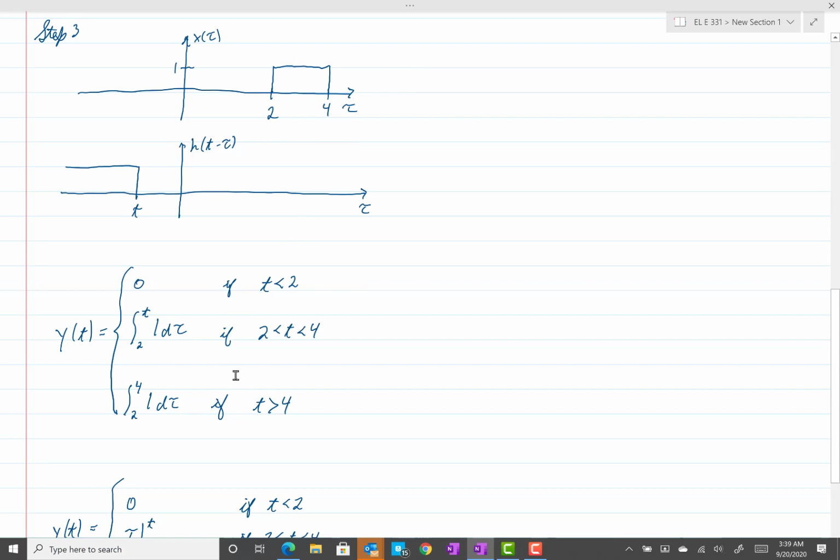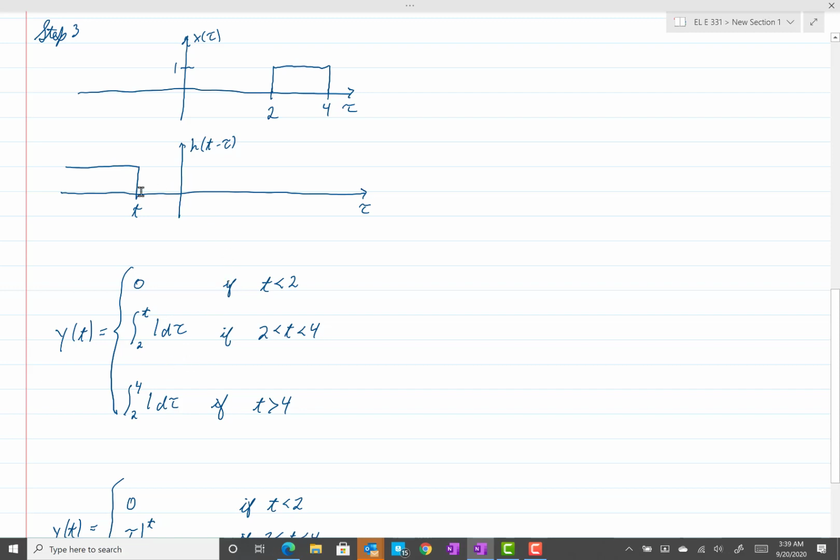So we have to look at two different cases: the case when t is between 2 and 4, and the case when t is greater than 4. Now, if t is between 2 and 4, then our region of overlap is between tau equals 2 and tau equals t. So our integral will be between 2 and t, and when we multiply, this is 1 times 1, so we just get an integrand of 1 d tau.